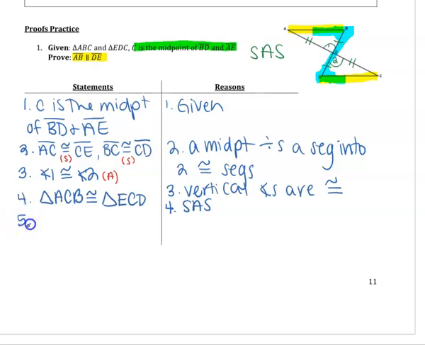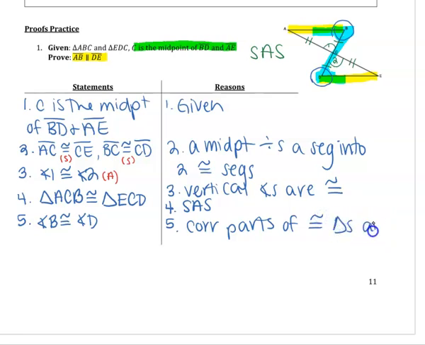Now the whole point of getting these triangles congruent is that I can say angle B and angle D are congruent, because those are corresponding parts of congruent triangles, which then are alternate interior angles, which helps me get my lines parallel.